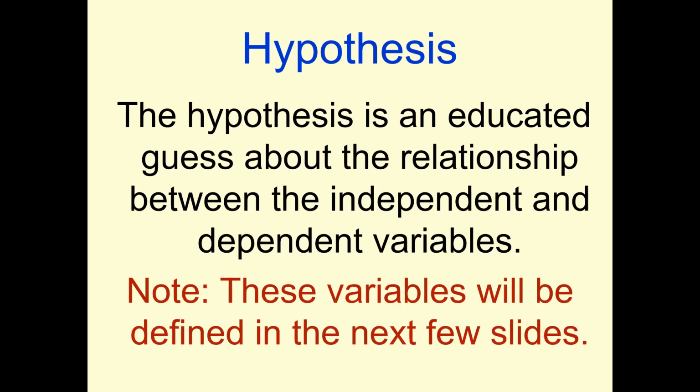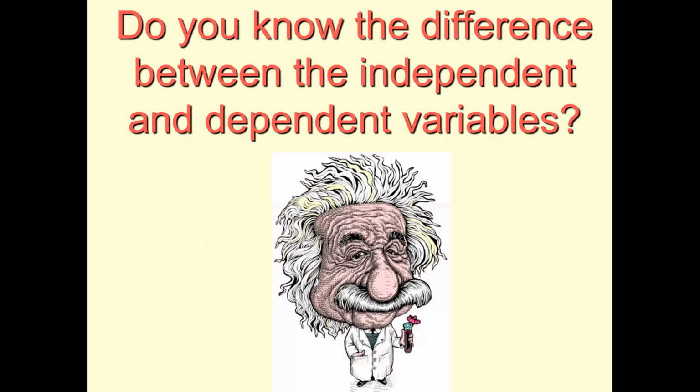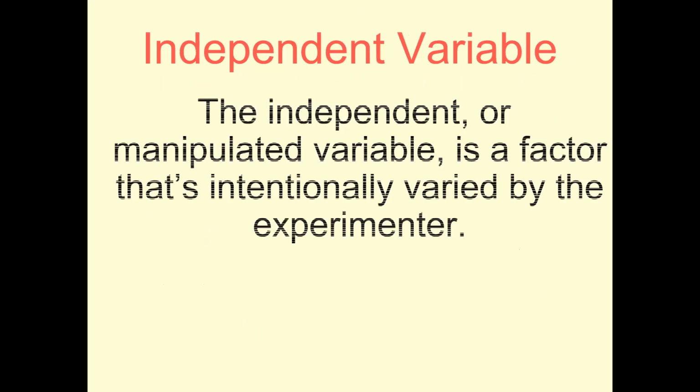Now these variables, like I said, I can define them here shortly. Now, do you know the difference? If you do, that's good. If you don't, here we go. Independent variable. It is the one that the researcher or the experimenter manipulates intentionally.